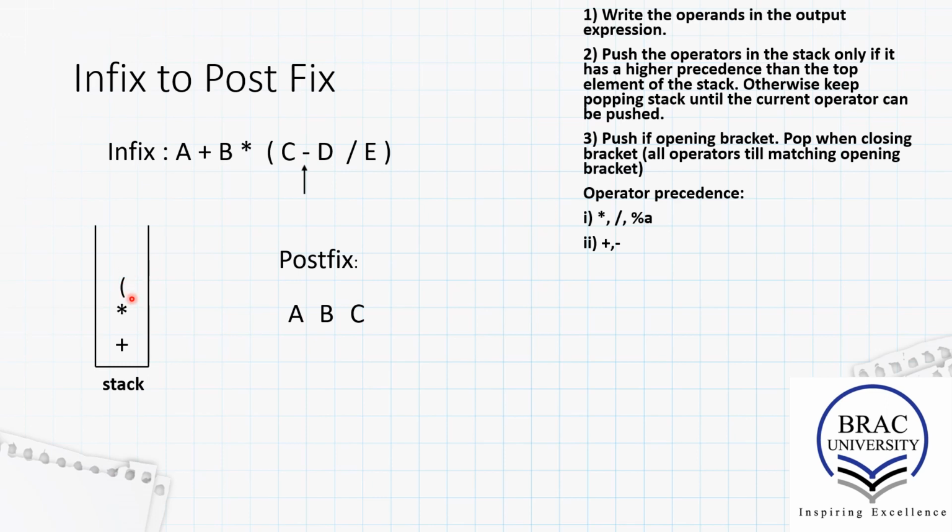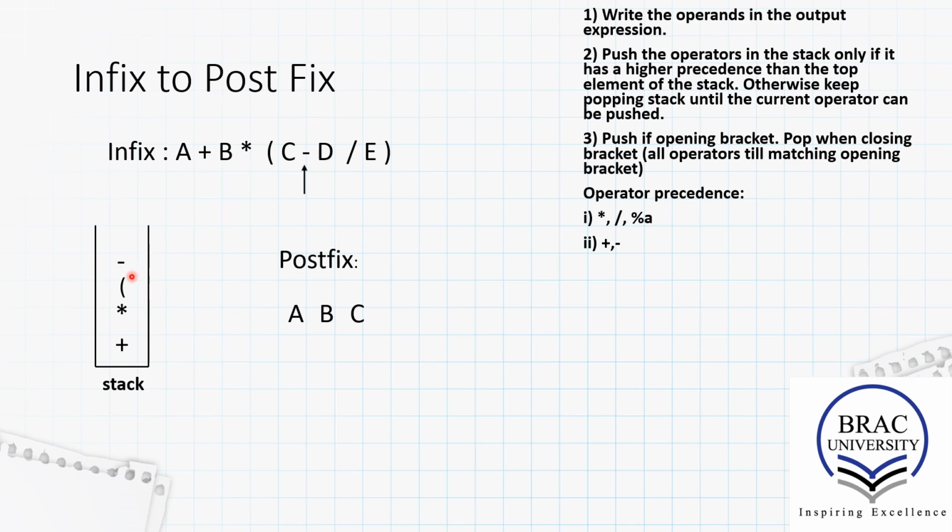But since I have an opening bracket here, try to assume this opening bracket as a shield, as though when the minus comes over here, it cannot see the elements that are before the first bracket. So the first bracket works like a shield. So I can push the minus in because this opening bracket sort of hides the previous contents of the stack from the operators that will come after it. So when I have minus here, I will push it inside.